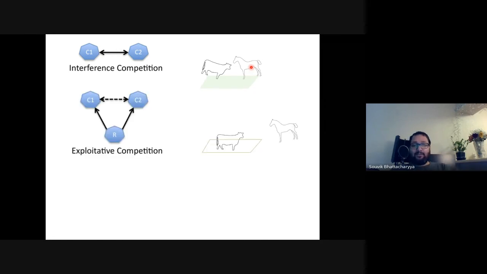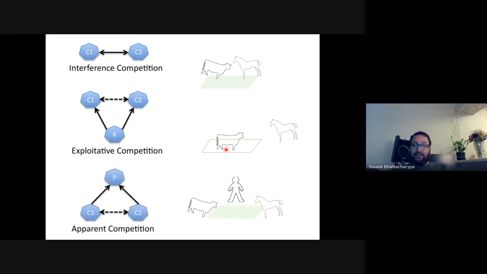The second example is exploitative competition, where the cow has eaten all the grass, so the horse can't eat anything. They are using the same resource, and because the resource has been utilized, there is nothing left. So although they were not actively competing for it, there was competition.